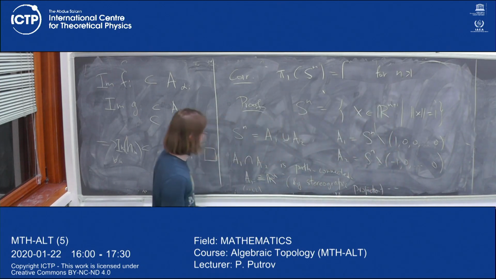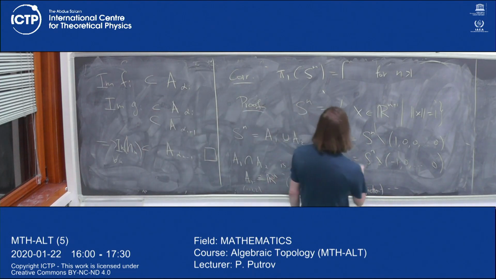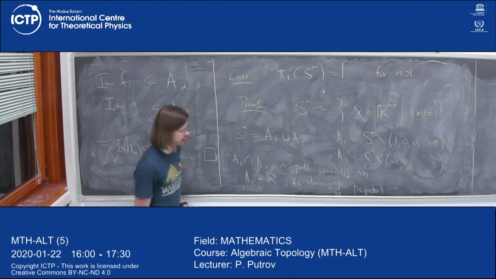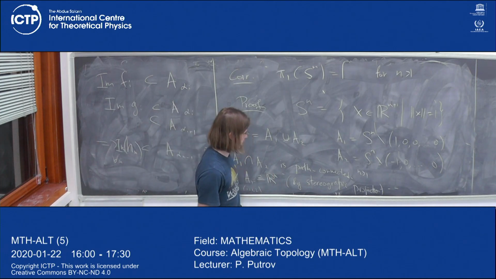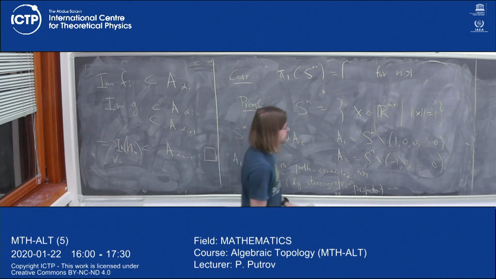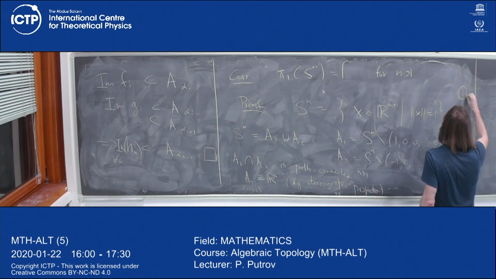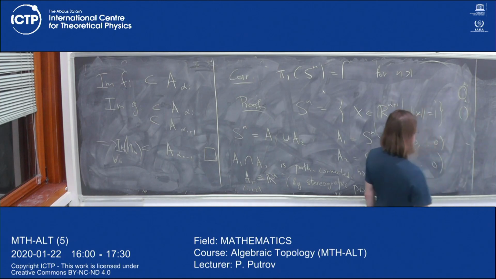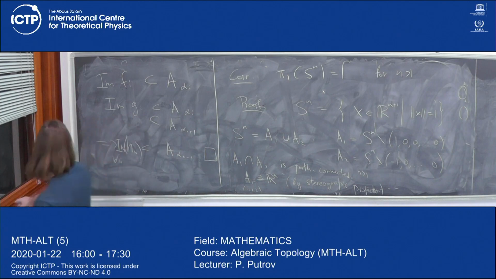So let me remark that the fact that it's path connected is only true under this assumption. If n is 1, for example, this is not path connected. For n equals 1, this is something like this, A1 and A2, and the intersection is not connected, so we wouldn't be able to prove this, which is consistent.